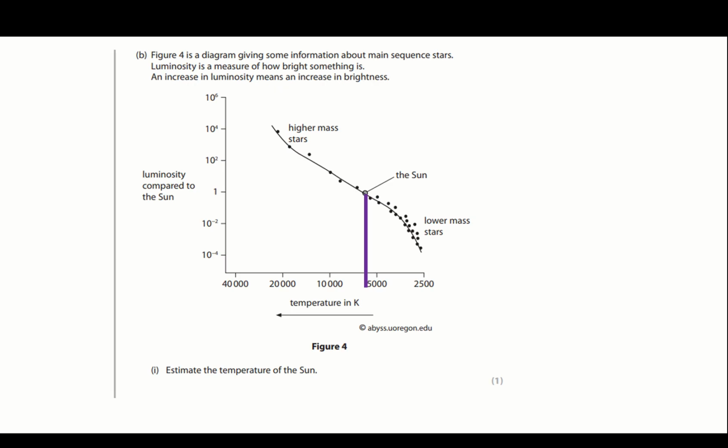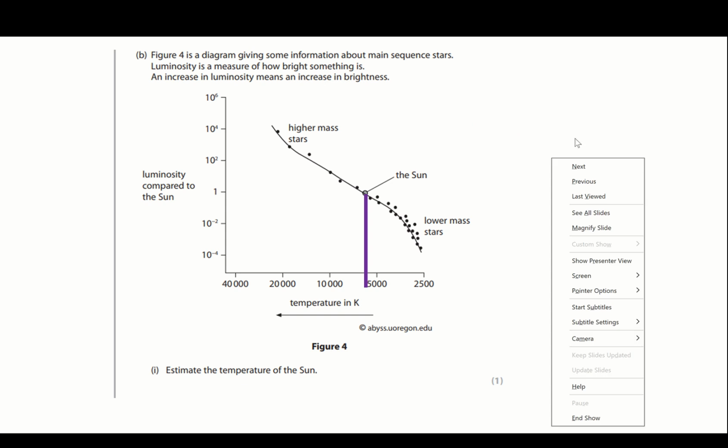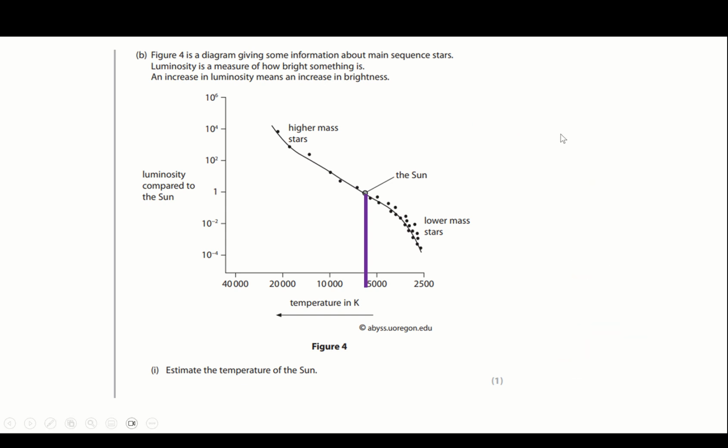Okay, next part. We've got temperature in Kelvin and the luminosity of the sun. And what we can see is a weird scale where the temperature increases as we move that way. So the temperature is decreasing on this scale, and they're trying to catch you out because it's an exam board and they're a bit miserable. So, estimate the temperature of the sun.